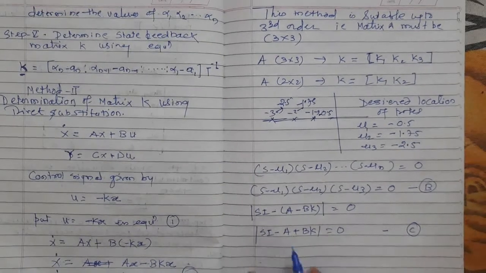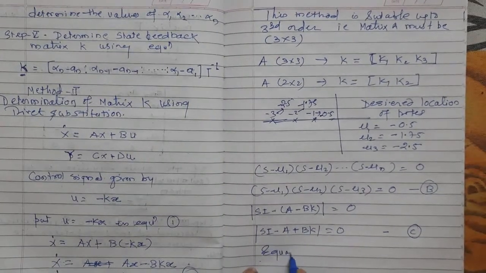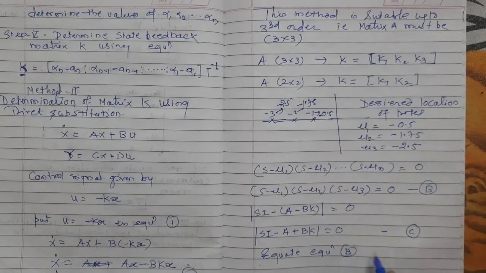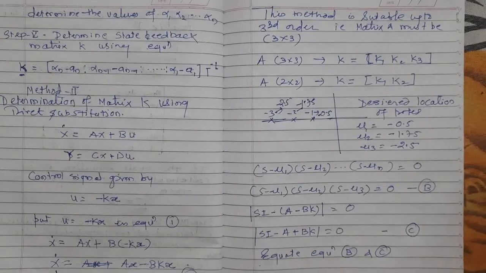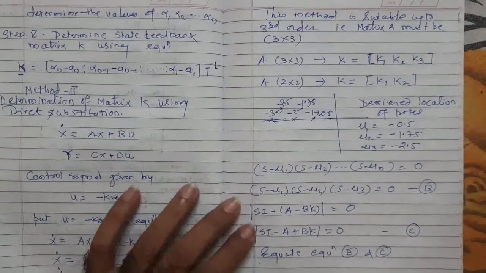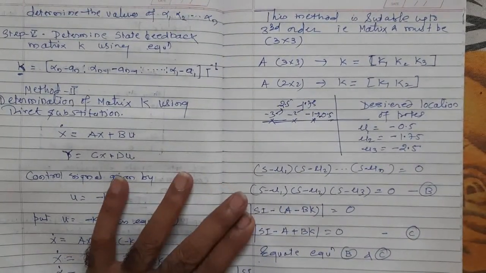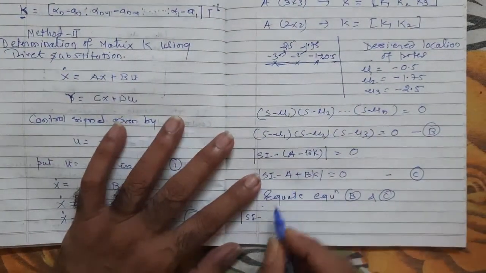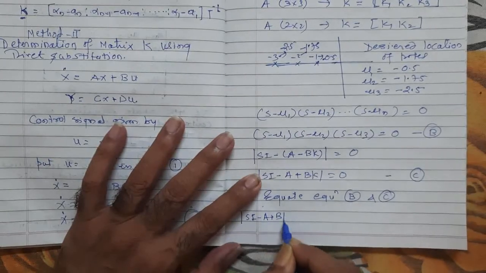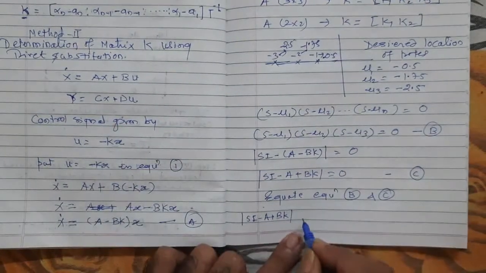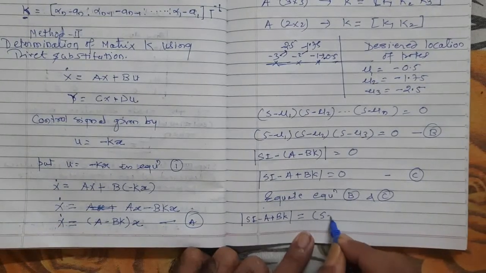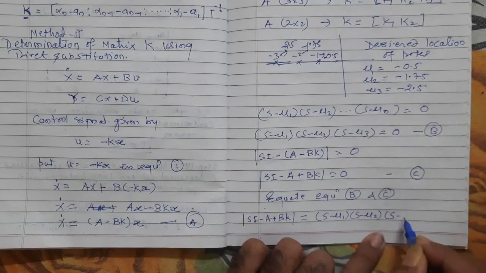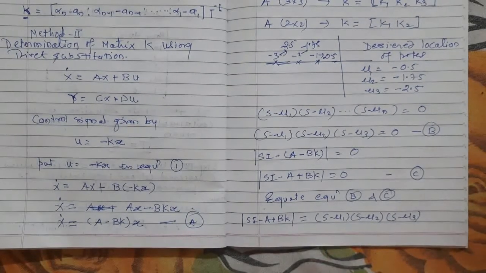Equate equation B and C. That means s i minus a plus bk equals (s minus mu1)(s minus mu2)(s minus mu3) maximum, and we will equate this.